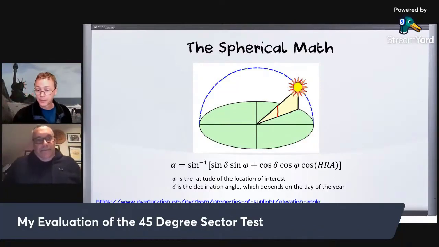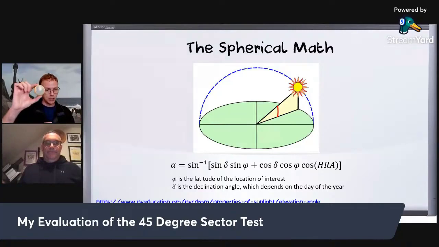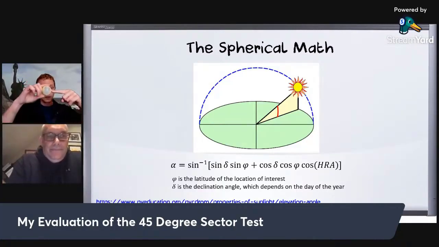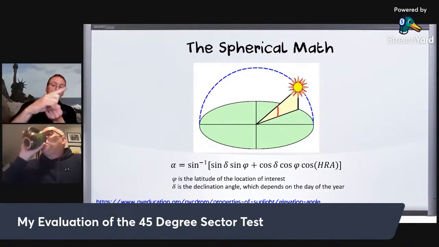When I did it, I did it with linear algebra. I did a matrix. I did a rotation of the Earth. So that's where you get the sine and the cosine of delta. That comes from doing this. All right, and then I said, yeah, but the observer is somewhere on the Earth.